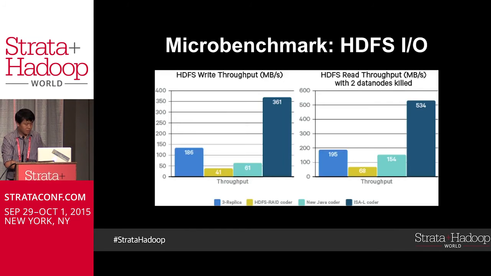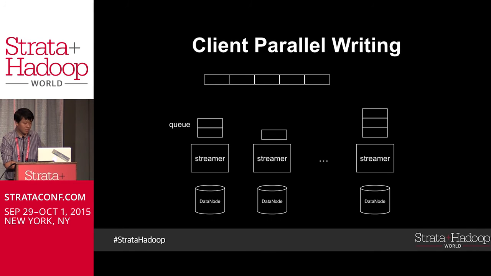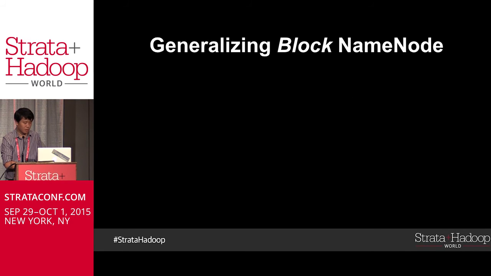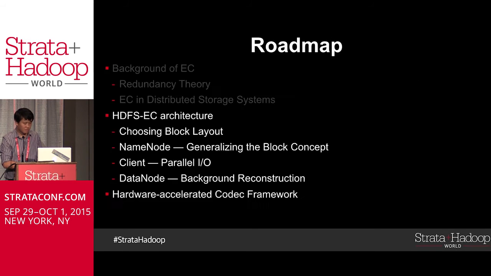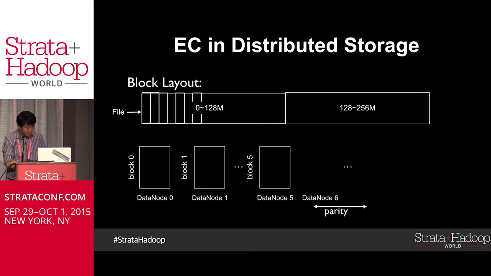So that's a very good question. The question is how many blocks are required to save space with erasure coding. If you use the striping layout, for example 6+3 coding, that means 6 original units and 3 parity units, then you need 6 units for a file.